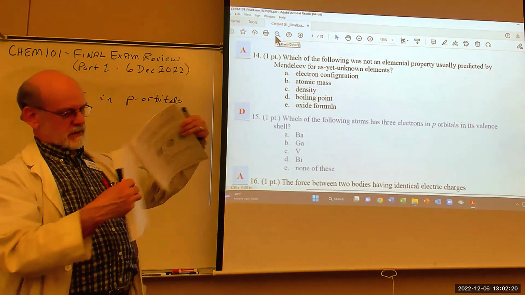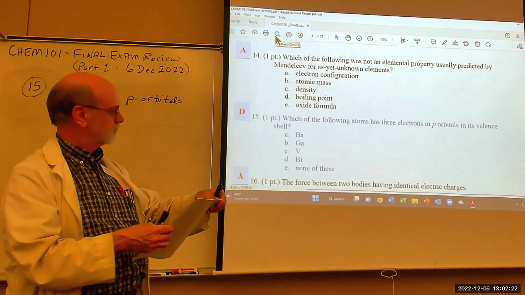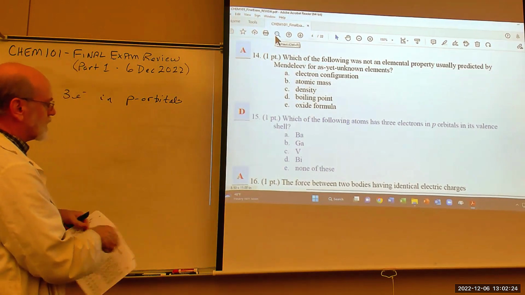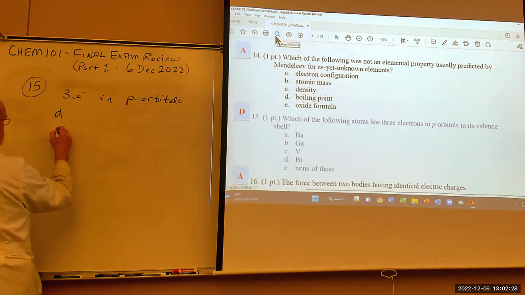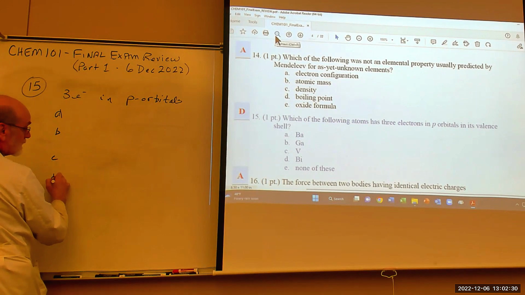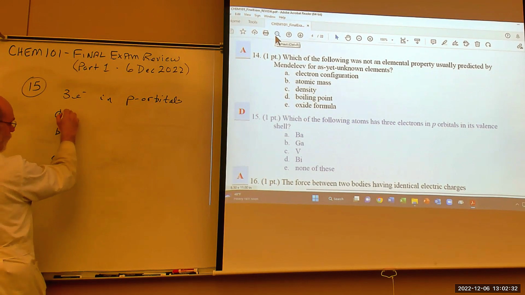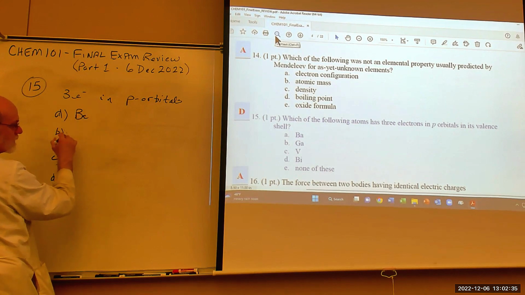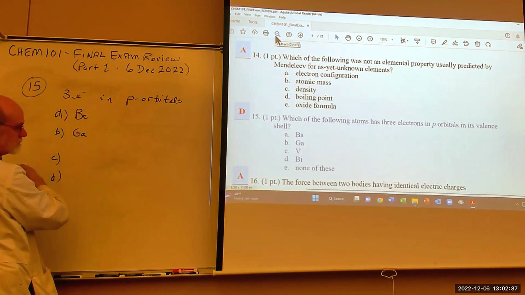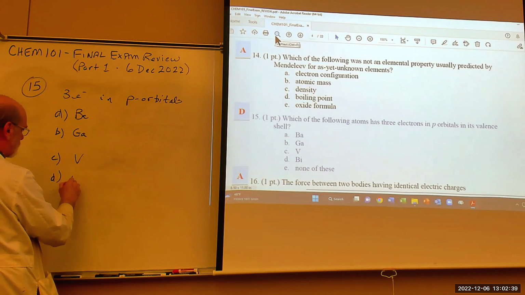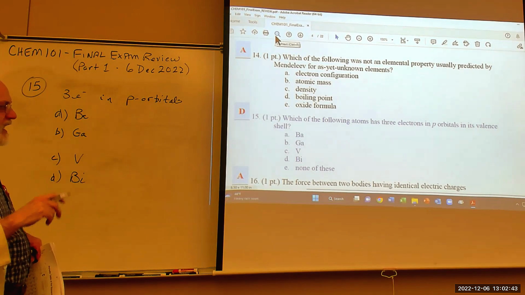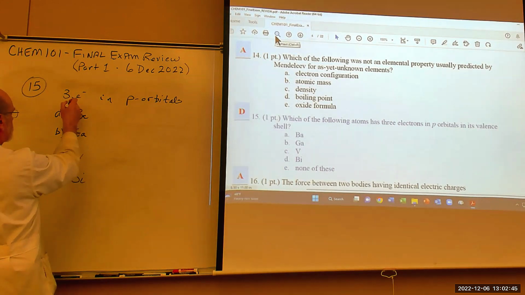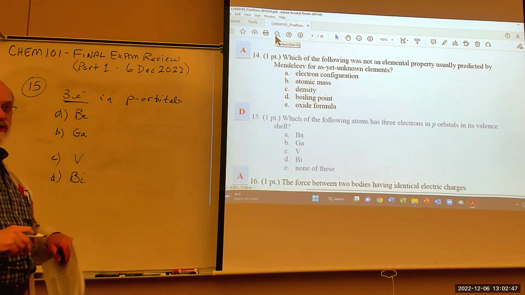Here we go. So I got my periodic table here, and we're going to look at these elements, A, B, C, D. We got barium, gallium, vanadium, and bismuth. Which of the following has 3 electrons in its p orbitals?